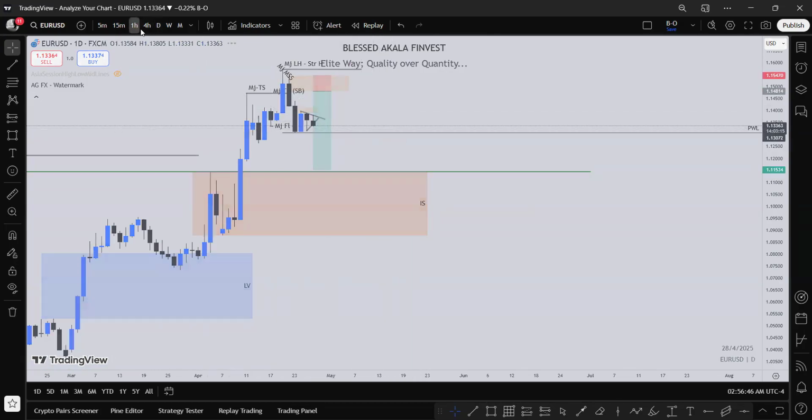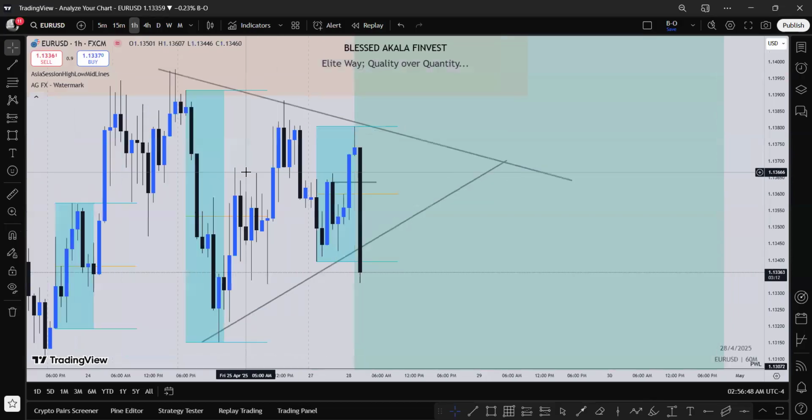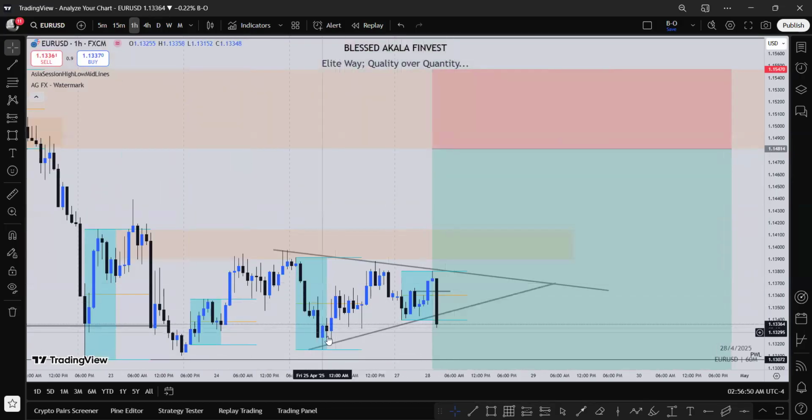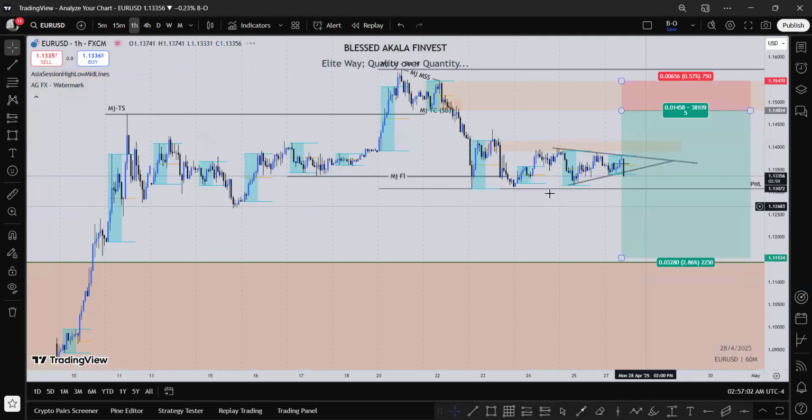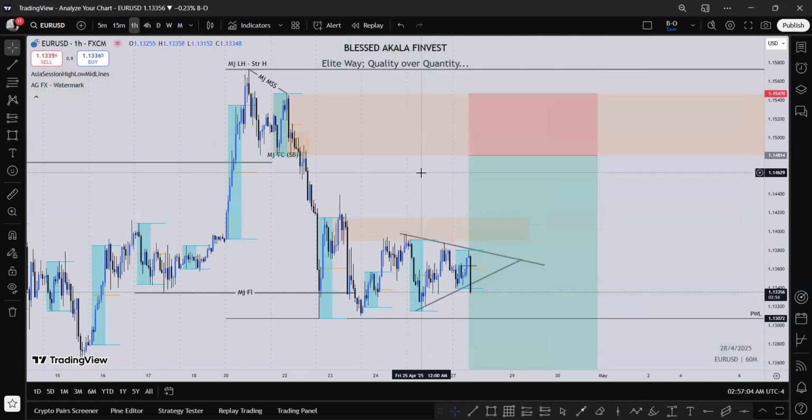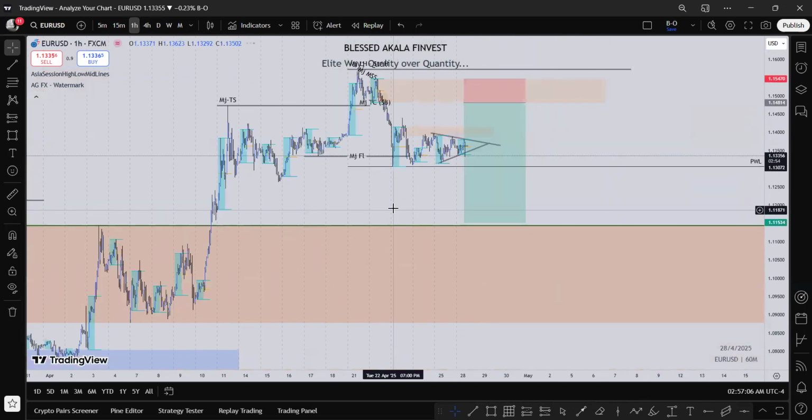Nonetheless, you can wait for validation of the market closing below this low before you jump in. So if the market closes below this low and we have this place turn into our other block, then you can. But personally, I'll just wait it out.